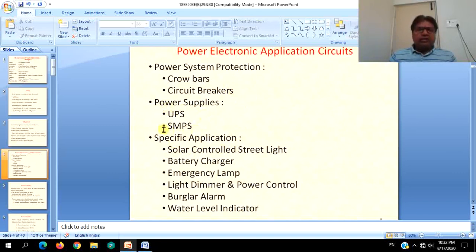The second one is power supplies. These are the things which we are going to discuss first. Then we will be discussing the protection aspects, and lastly the specific applications. When it comes to power supplies, what do you mean by power supply?